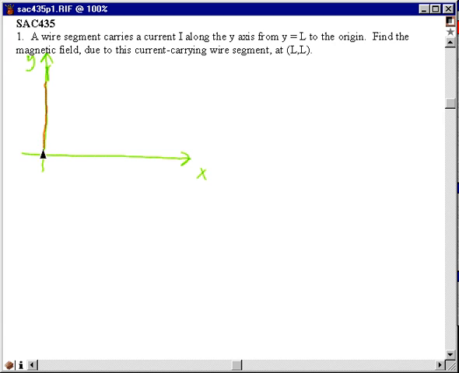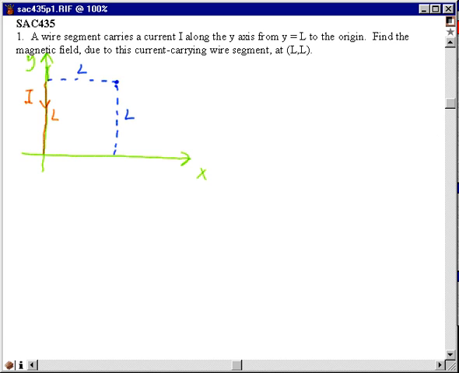Exactly how this is set up is not specified, just given that we have a current I in this direction where the length of this wire is L. And we're supposed to find the magnetic field due to that current at a point over here, distance L up from the x-axis and L over from the y-axis, at that point right there.